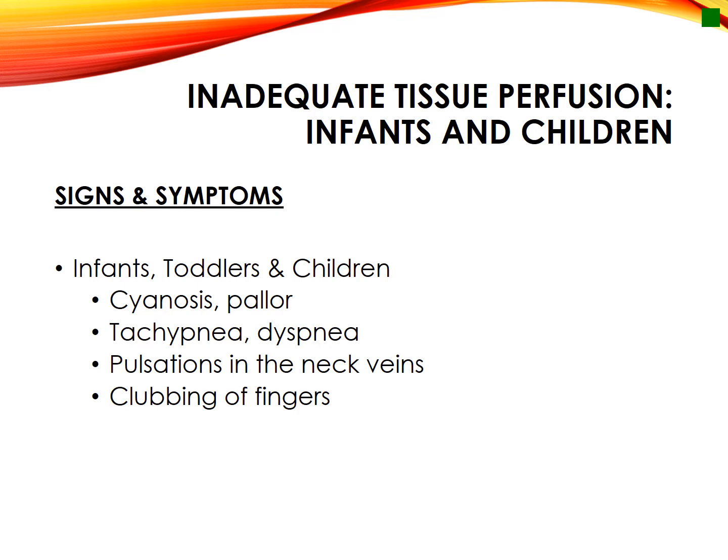They might have pulsations in their necks as their vessels are trying to compensate, and then clubbing of the fingers, which they get from the lack of oxygen coming to their fingertips. So they have bulbous tips to their fingernails and nail beds, and they might be kind of blue around in here as well. And so that's when you know that something's going on, right?